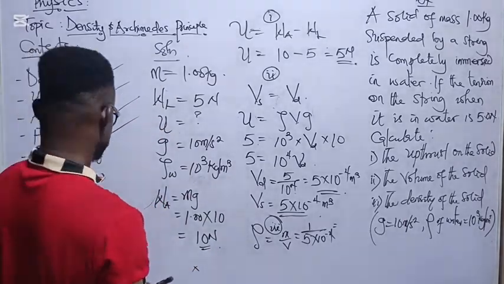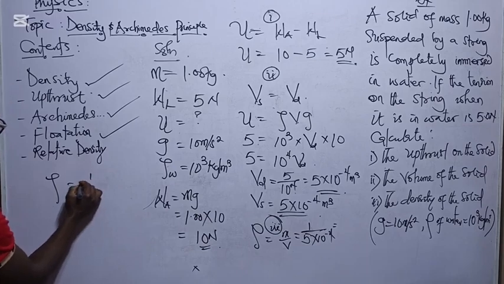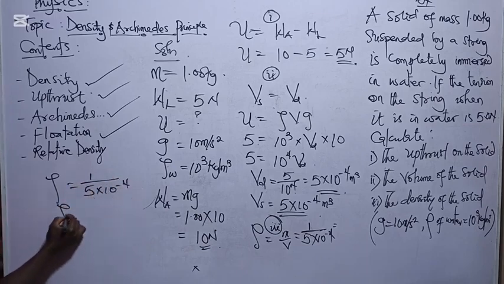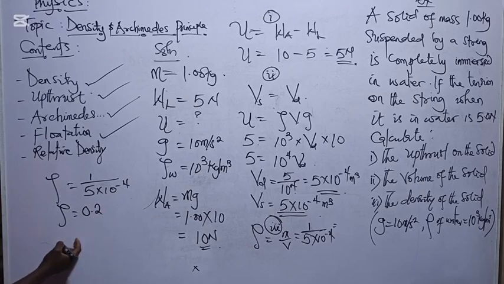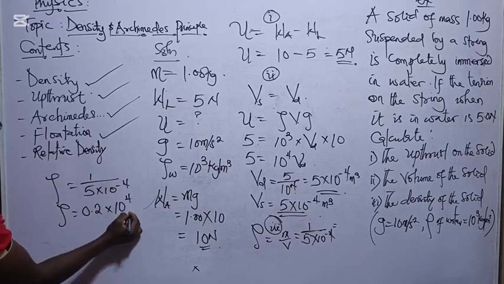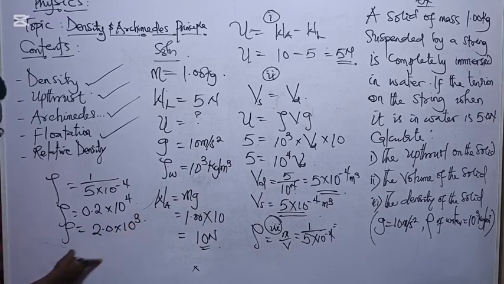So density is equal to 1 over 5 times 10 raised to power minus 4. We have 0.2, then times 10 raised to power minus 4 will now come upward. If you multiply this, we are going to have 2.0 times 10 raised to power 3.